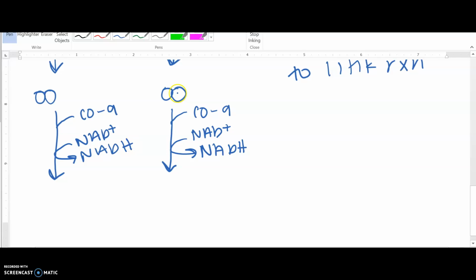Okay, so I have this 2-carbon molecule joining with coenzyme A. I end with still a 2-carbon molecule that's attached to CoA. And these are called acetyl-CoAs.